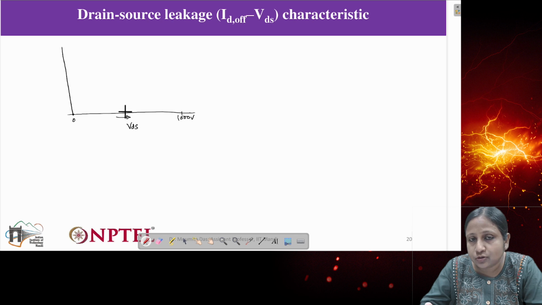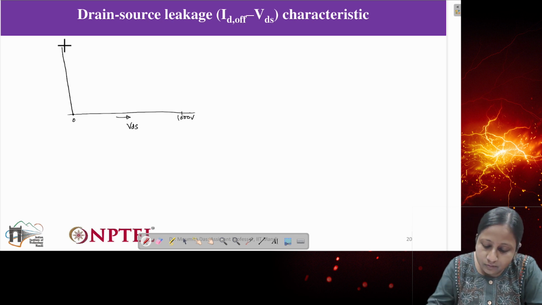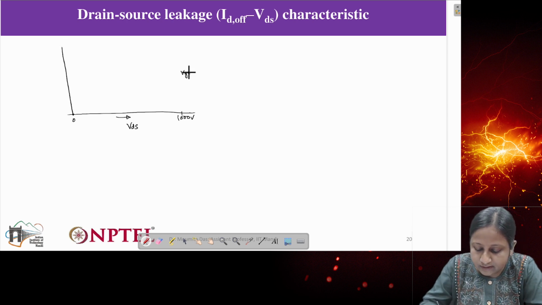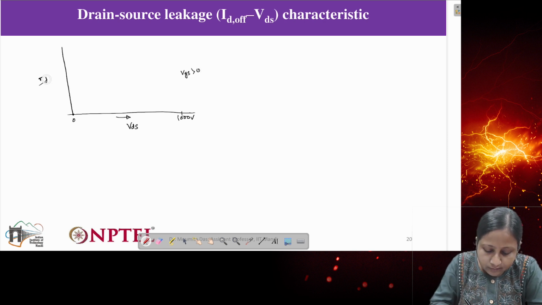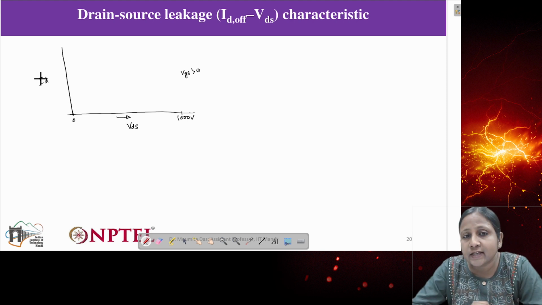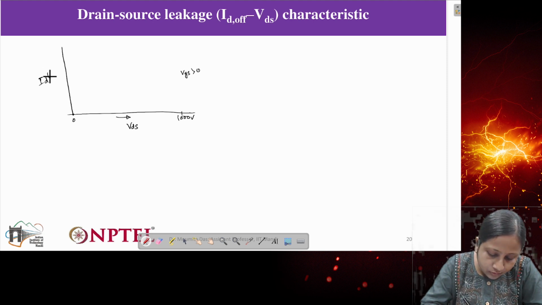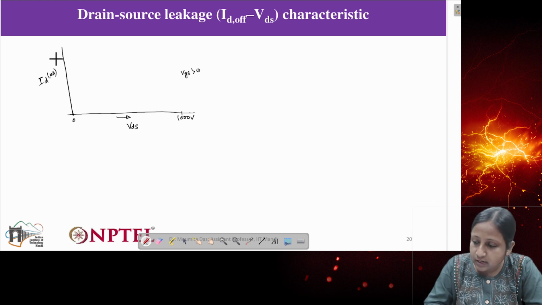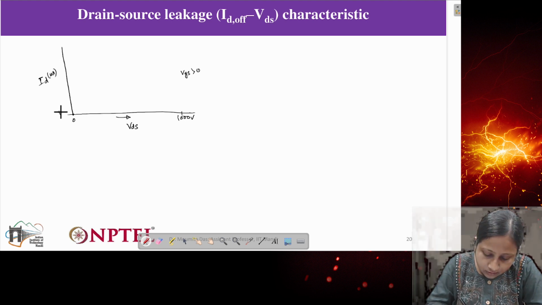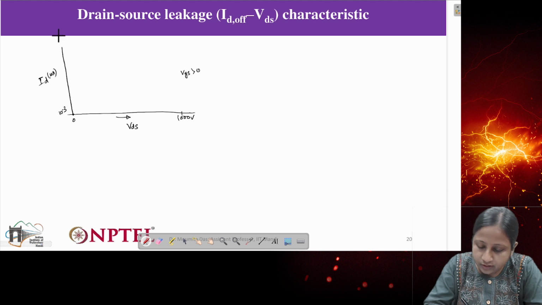VGS should be constant in this case. So let me consider any positive value of VGS greater than 0, and then ID will vary. So here in this case ID will be in microamperes, so the leakage current will be in microamperes. It will vary, let's say, from 10 to the power minus 3 to 10 to the power 1 microampere.